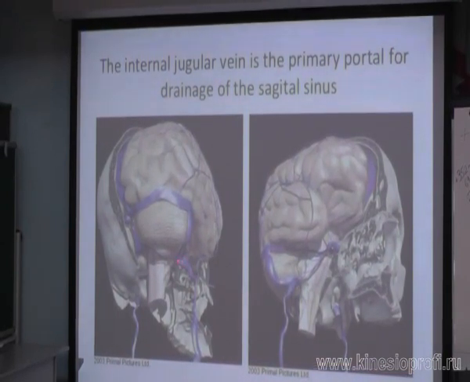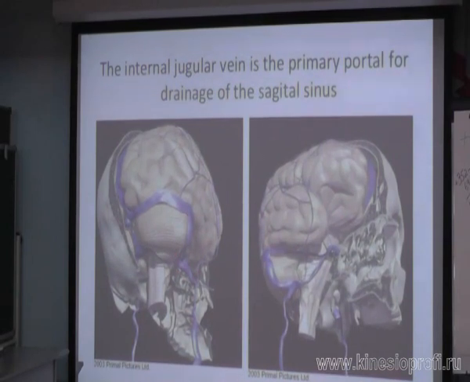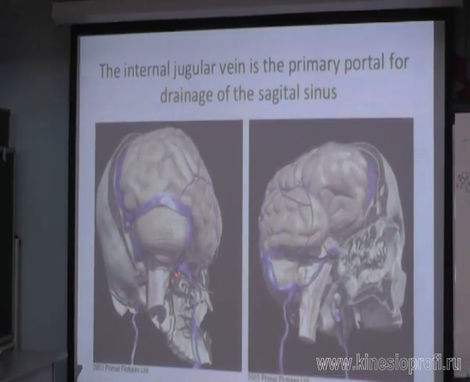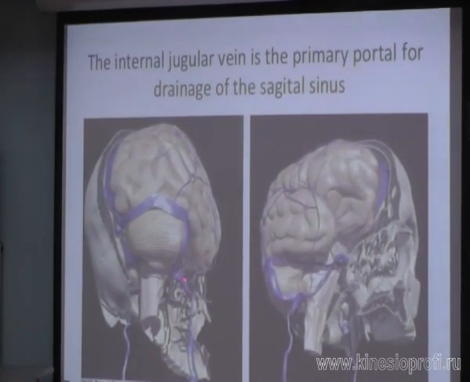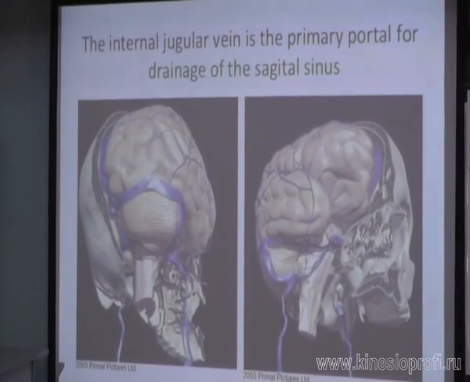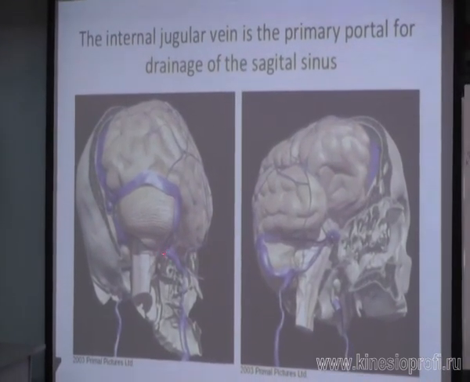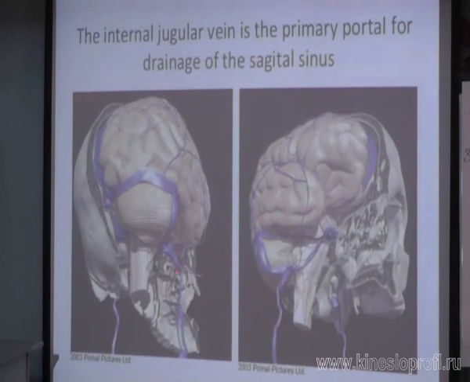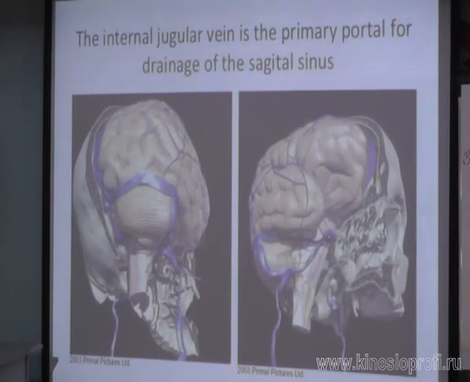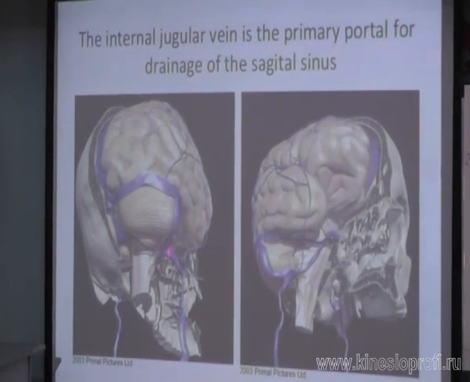So we can see here it's exiting from the jugular foramen, where it progresses laterally and inferiorly. What this means is it goes down and out around the transverse process of C2 and behind the sternocleidomastoid muscle.